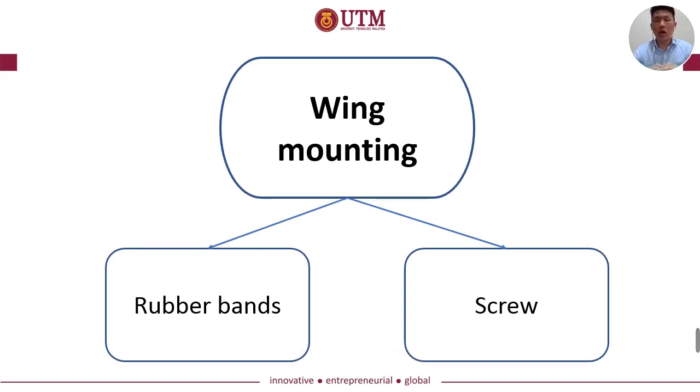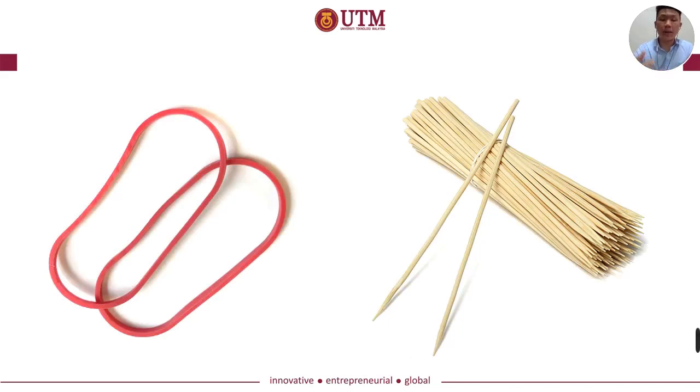Next, in our study, we found that there are normally two methods that people use in UAVs, or what we call RC planes. First is rubber bands, and second is screws. The rubber band method is very simple.